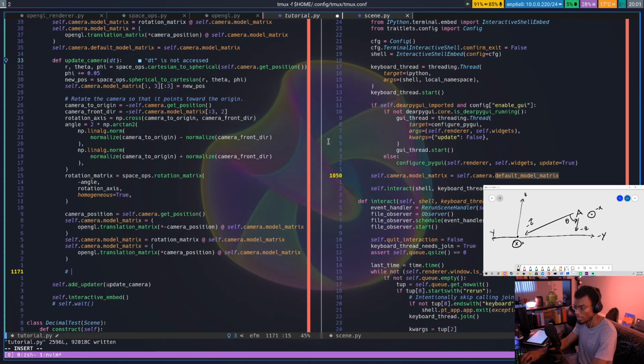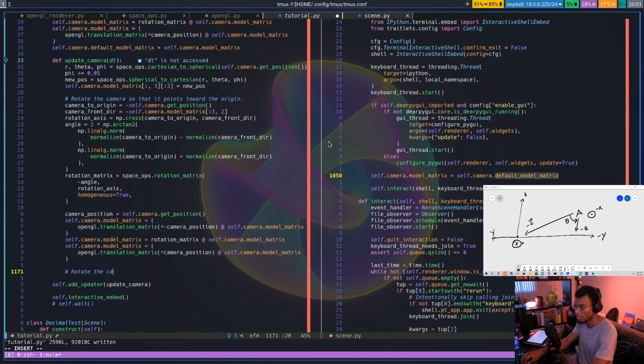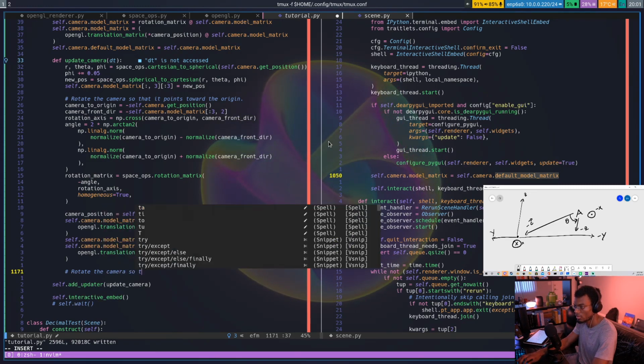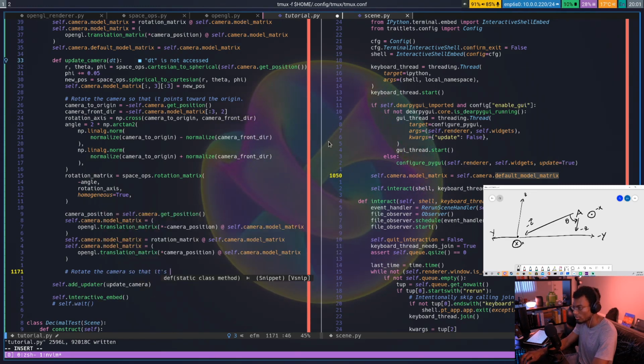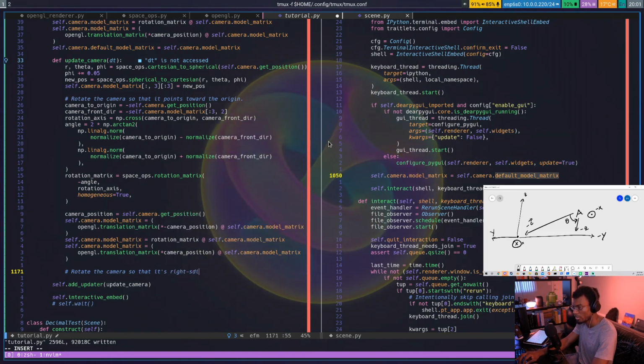What I should have to do now is rotate the camera so that it's right side up, whatever that means. Because what I'll have to do is this.